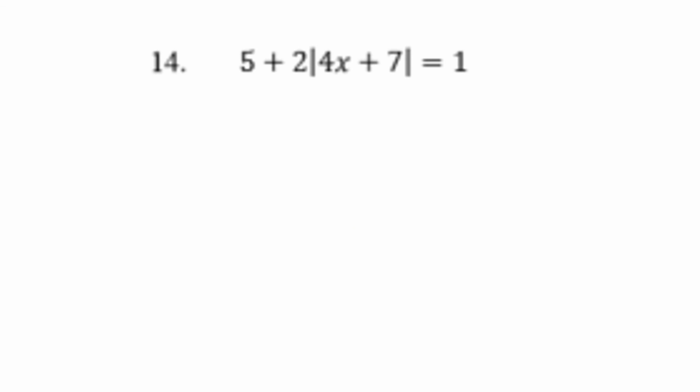All right, so this is the last problem we're looking at here. Again, this is set up for us so we can just go into solving. So we're going to isolate the absolute value, which is in this case 4x plus 7. To isolate that, we start by subtracting 5 from both sides.